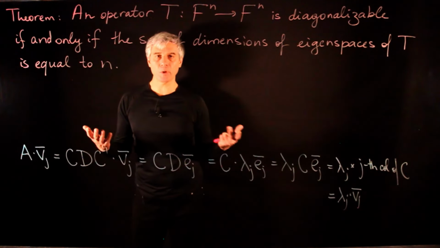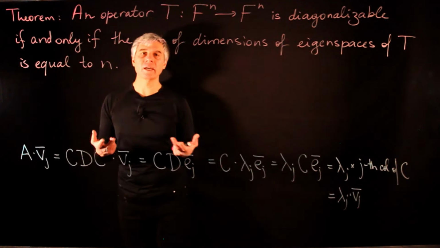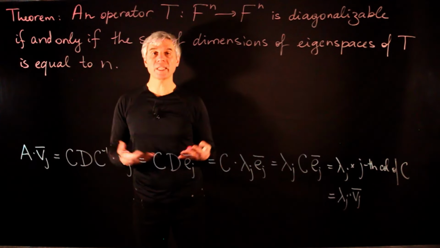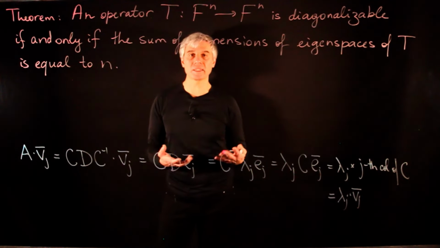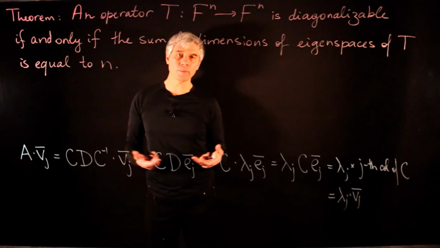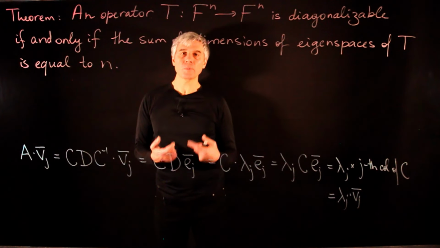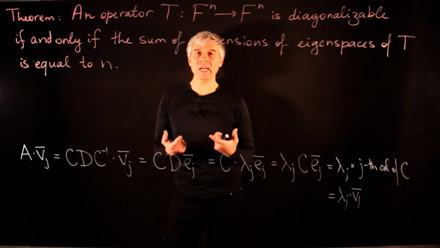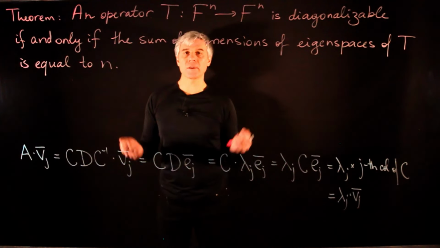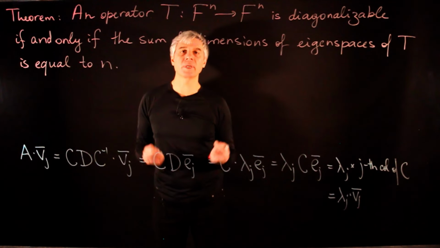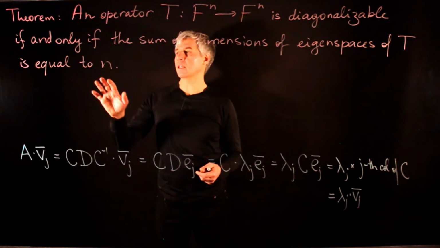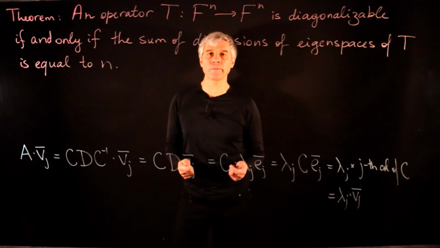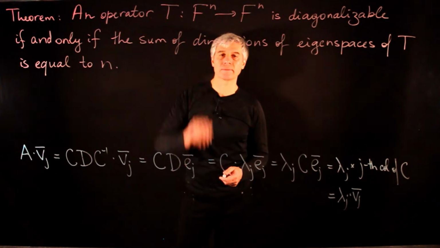It is a priori possible that when we take linearly independent sets and put them together, we could potentially get a linearly dependent set of vectors. And we need to form a basis. What we're going to prove today is that if we join together bases of eigenspaces, then the resulting set will automatically be linearly independent. And if it has the right number of vectors, it will be the basis of Fn.